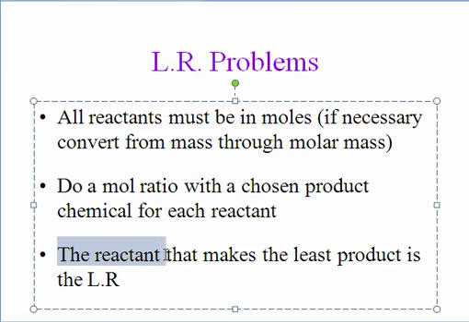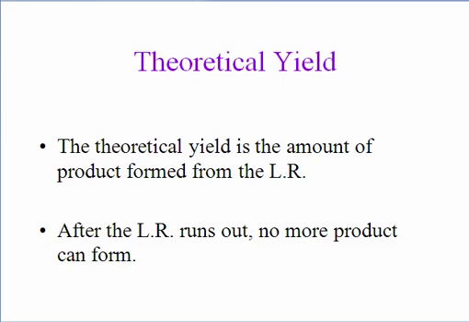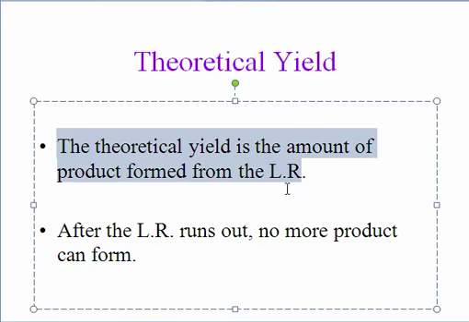The reactant that makes the least product is what's known as the limiting reagent or the limiting reactant. And the theoretical yield is the amount of product formed from the limiting reagent. After the limiting reagent runs out, no more product can form.